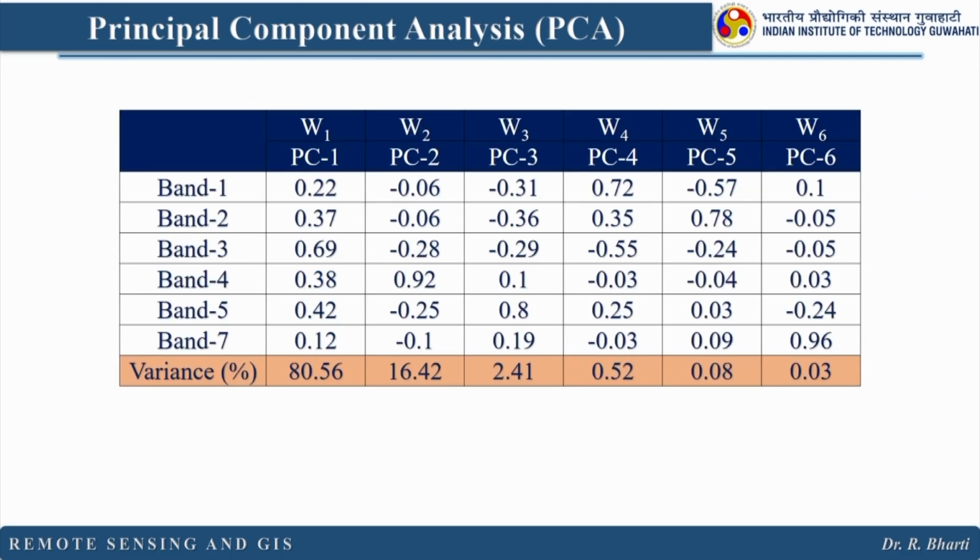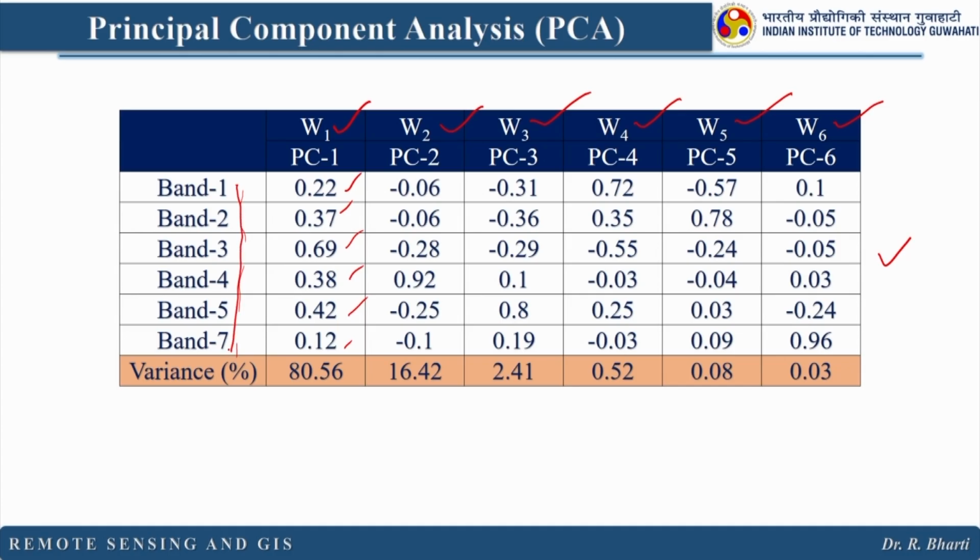Once you apply this principal component analysis and save the eigenvalues and eigenvectors, you will have this kind of tabular information. Here this is W1, W2, W3, W4, W5, W6, and these are the bands. As I told you, W1 is PC1, so PC1 elements are nothing but the weightage assigned to different bands, right.